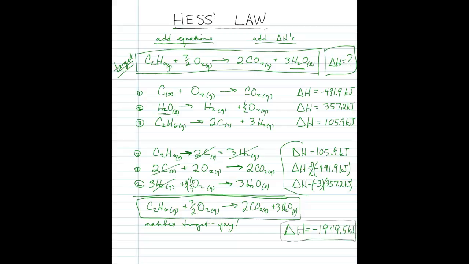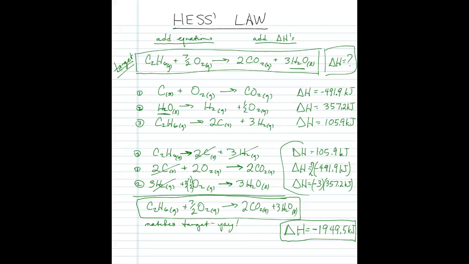And so we are predicting that if you would burn some ethane in oxygen and form carbon dioxide and water, it ought to produce a negative 1949.5 kilojoules of energy.